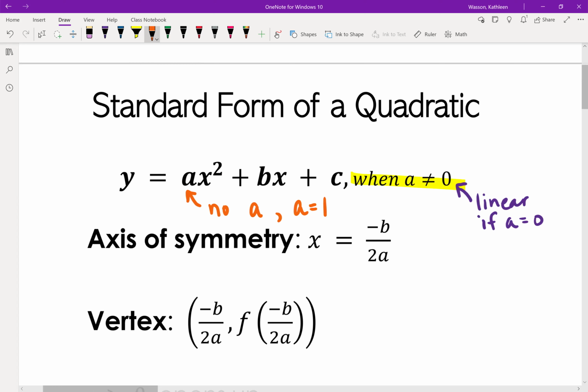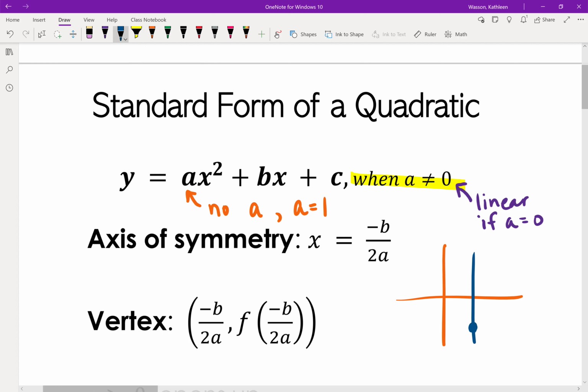We'll calculate the axis of symmetry using the b value and also the a value. And the axis of symmetry for a quadratic, let's say it's over here, I'll have a vertex on the axis of symmetry somewhere.